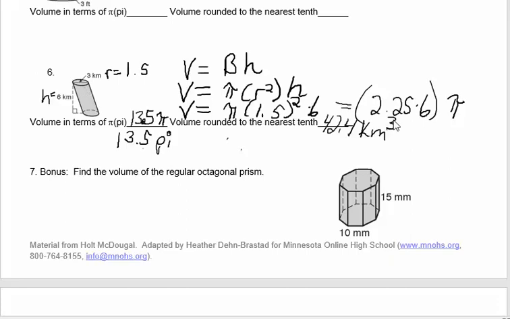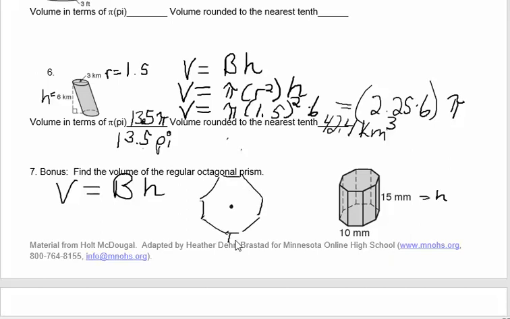Now for number 7, I wrote that this is a bonus, but you should be able to do this. This says find the volume of the regular octagonal prism. We know that volume is area of the base times the height. The height is 15. The area of the base, you have to go back and look up how you find the area of a regular octagon.